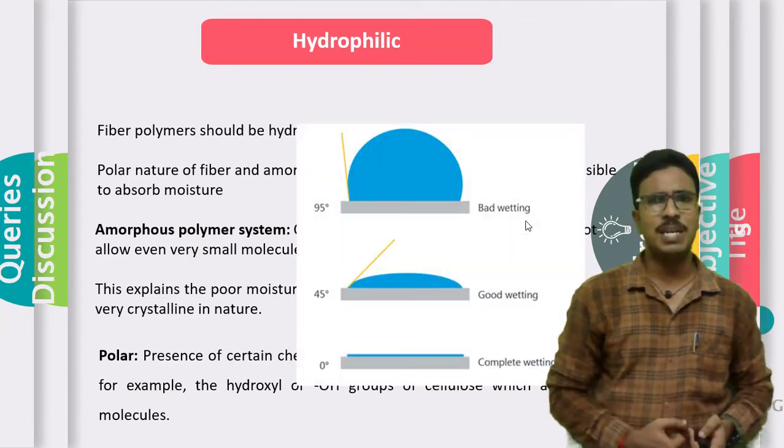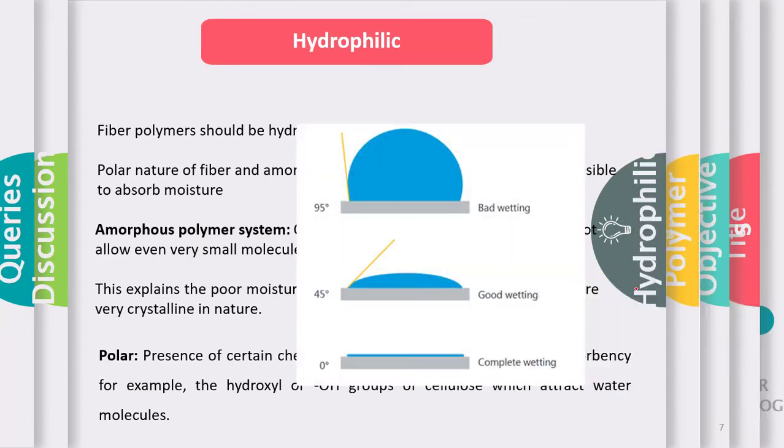Okay. Here you can see the representations. The first one is a polymer system where complete wetting is taking place, and the second is a polymer where the wetting is good.